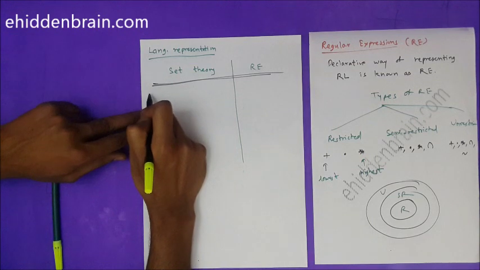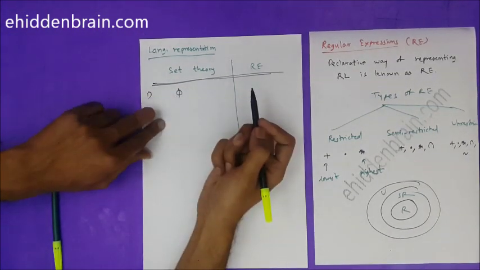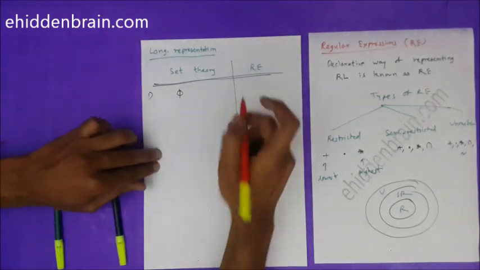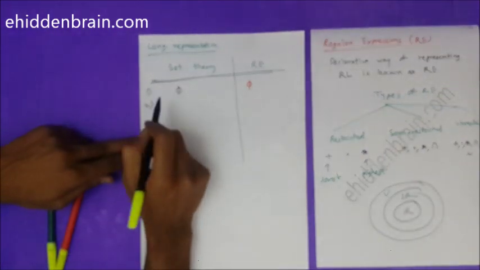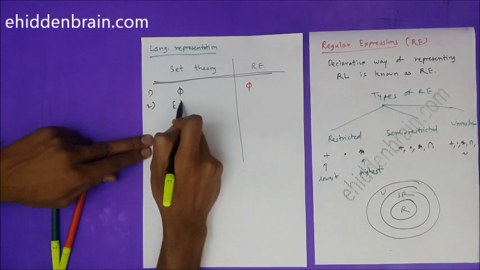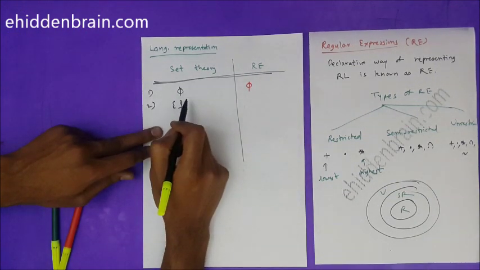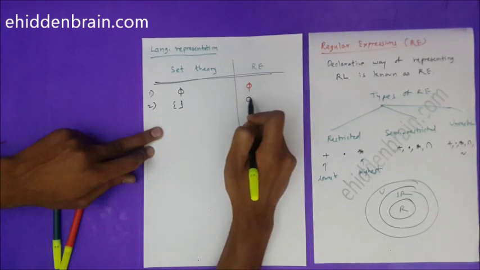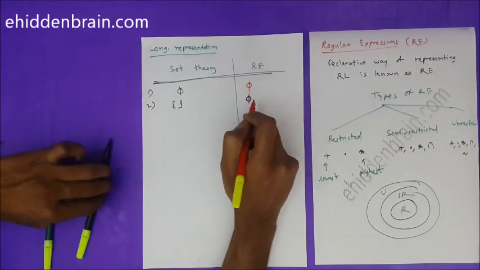Let's say I don't accept anything. So let's say the first language is phi itself. It means it doesn't accept anything. What will be equivalent regular expression for that? It will be phi again. Now let's say the second language is empty set. It means again nothing will be accepted. Empty language will be accepted here. Then yes, phi is the correct representation of it in the regular expression also.